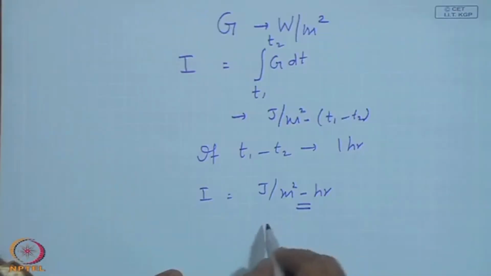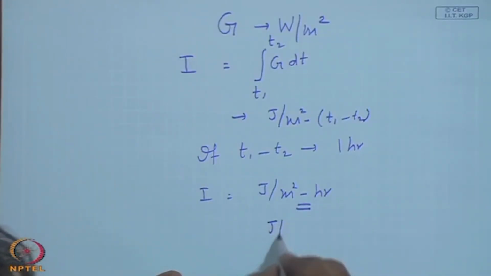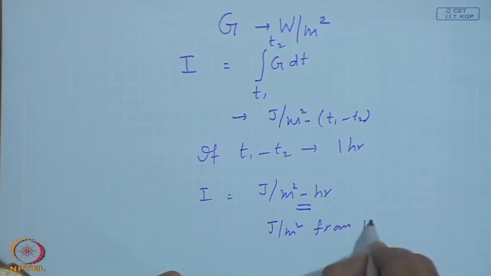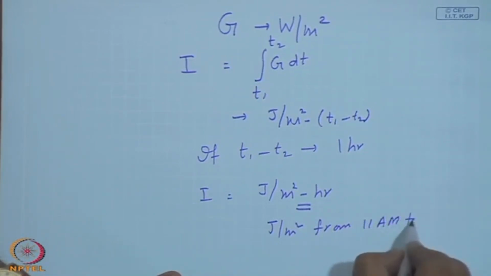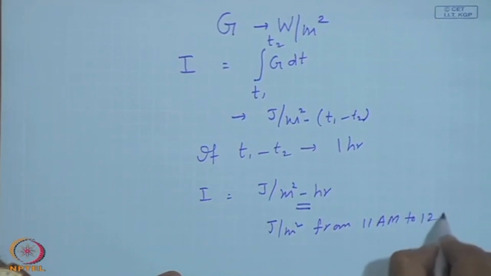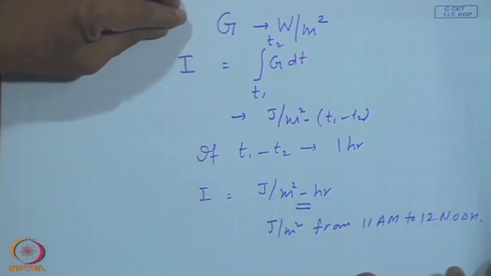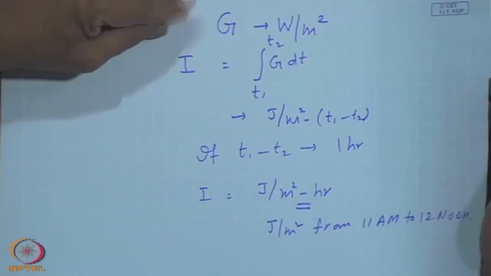This is for, say for example, so many joules per meter square from 11 a.m. to 12 noon. Whereas, if it is intensity, if it is uniform, I can multiply with the time and get the total. Otherwise, we have to sum up for every hour or half an hour, depending upon the accuracy that is needed.